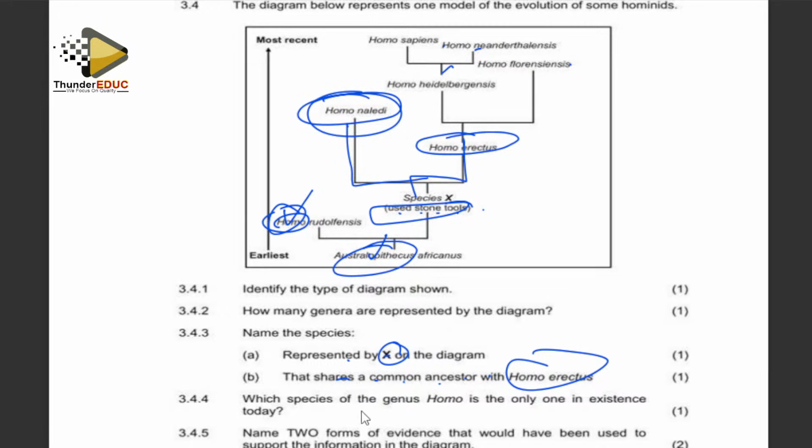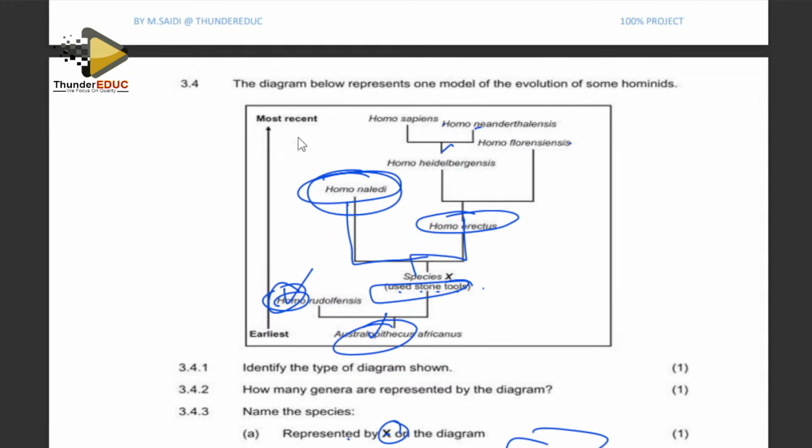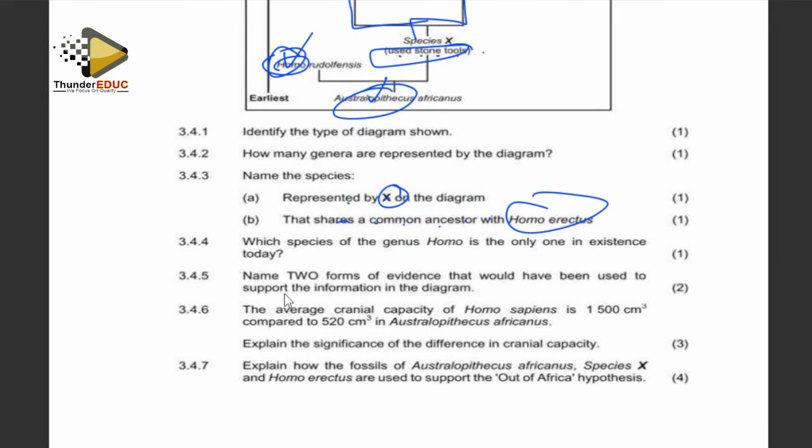They're saying, which species of genus Homo is the only one in existence? Genus Homo, we look at it, present day is this. So when I draw a line, it is Homo sapiens. Then they say, name two forms of evidence that would have been used to support the information in the diagram above.